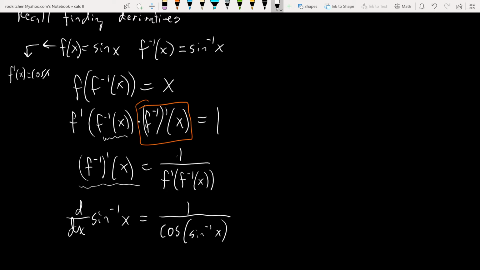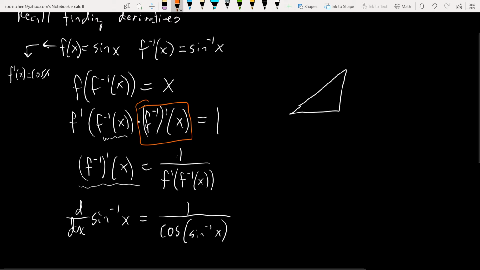Okay. And in an appropriate interval, we can use triangles to figure out what that expression means, cosine of sine inverse of x. So the thing going into sine inverse is the ratio of sides of a right triangle. So if you look at the sine inverse, this x part is the ratio of sides of a right triangle, and you can think of x as x over 1.